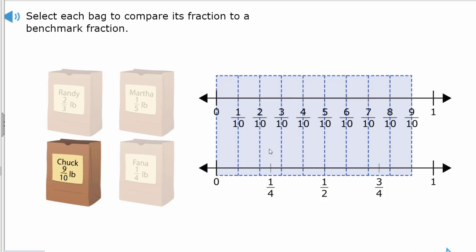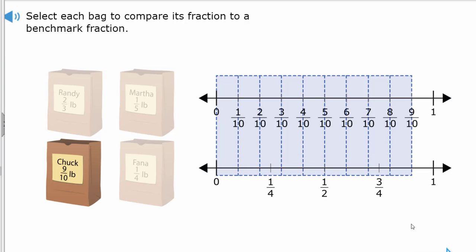And my hero, tell me, what do you notice? 9/10 is more than 3/4 and less than 1.